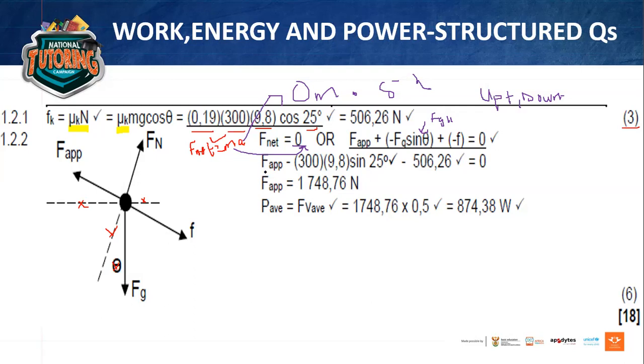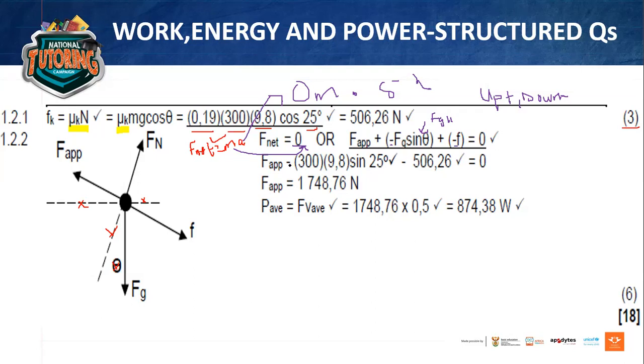It will work itself out. It's F plus negative. Remember, this one is going down the incline, so it will be negative. That is why it's plus negative this, plus negative that. So positive times negative gives us negative.